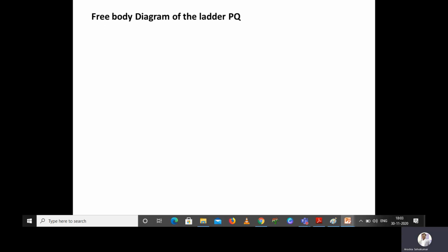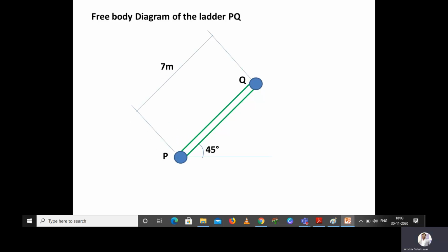So, free body diagram of the ladder. PQ is the ladder, the angle made by the ladder is 45 degrees, and the total length of the ladder is 7 meters. Obviously the weight of the ladder will act at the midpoint of the ladder, so it will be 3.5 meters.